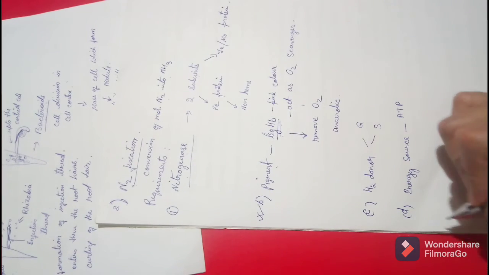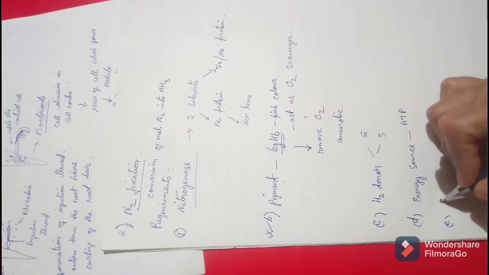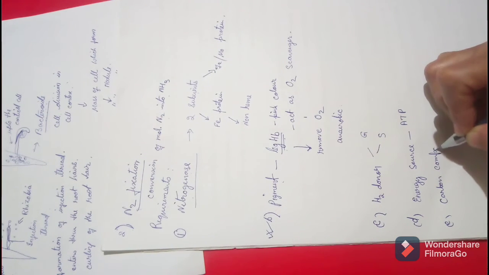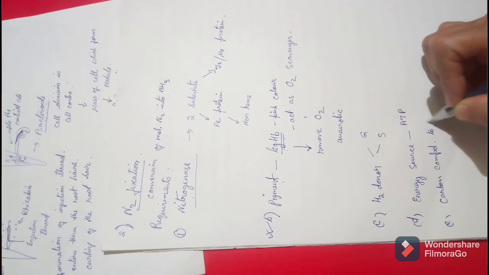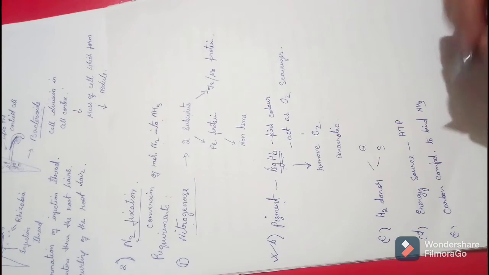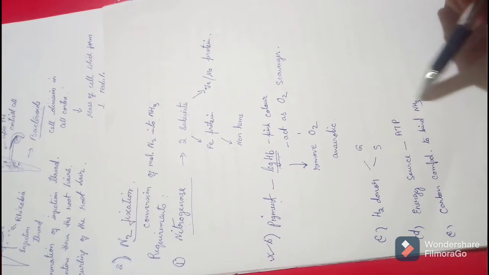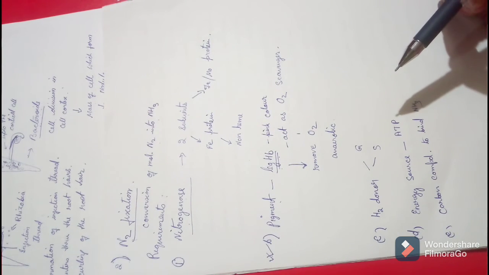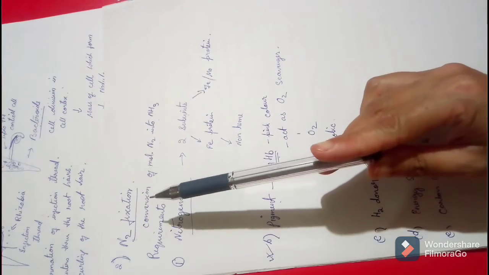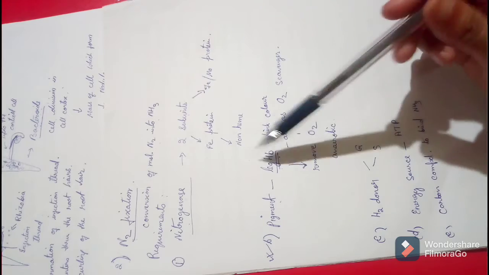And also we need the carbon compound which will bind to ammonia. After the formation of the ammonia, they will bind to the ammonia. So we can see here, for nitrogen fixation to occur, we have these requirements.